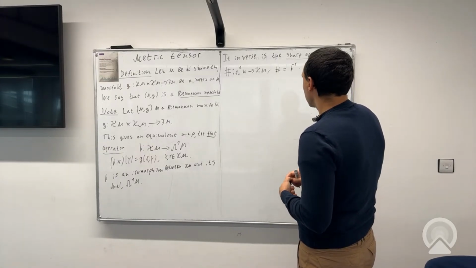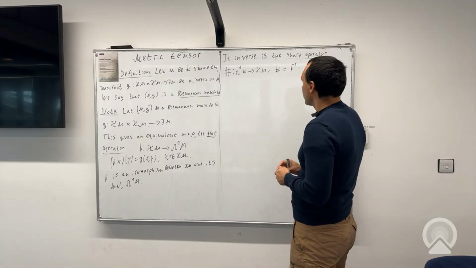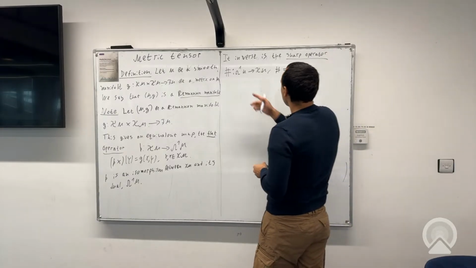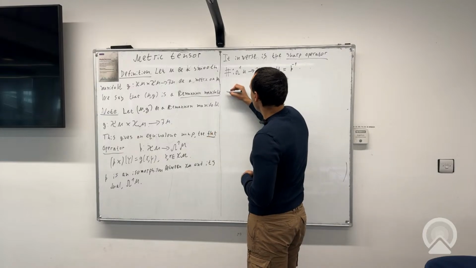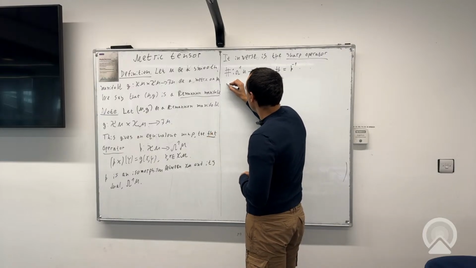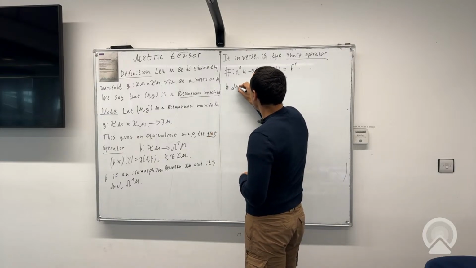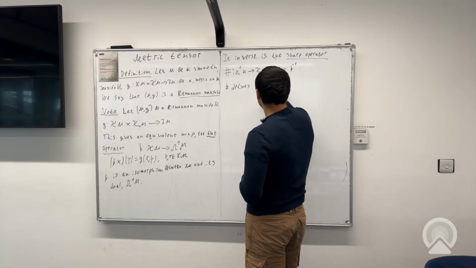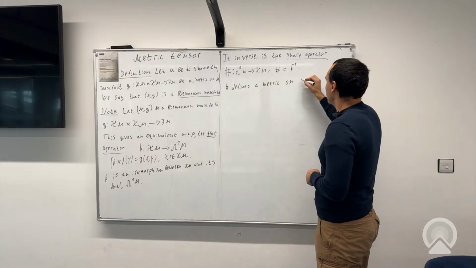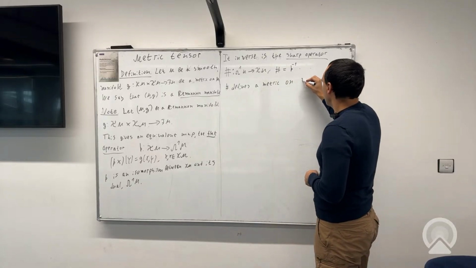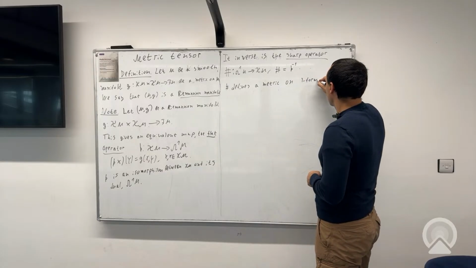And the sharp operator defines a metric on the dual space, on one-forms.